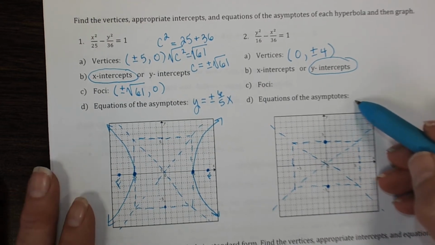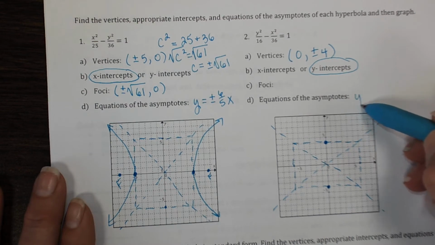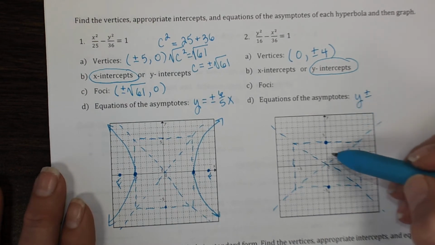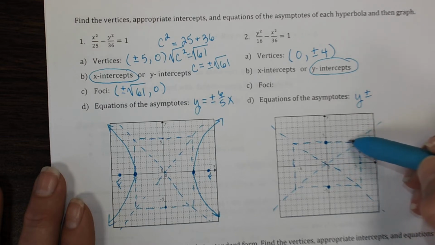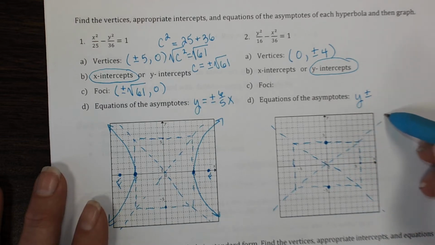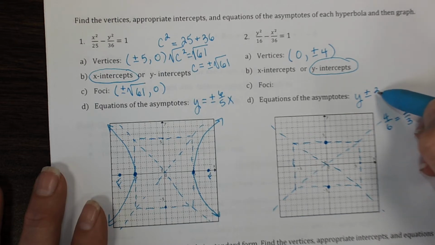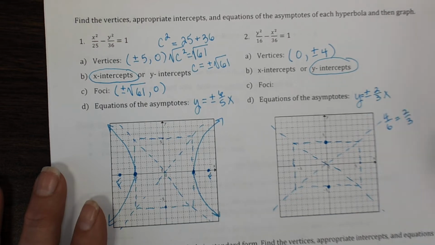We can jump down and write that equation of the asymptote. So we have y plus or minus. Now we go up 1, 2, 3, 4 over 1, 2, 3, 4, 5, 6. So think about that, 4 over 6, that's our slope, which reduces to 2/3. So then we could just say we have y equals plus or minus 2/3 x.